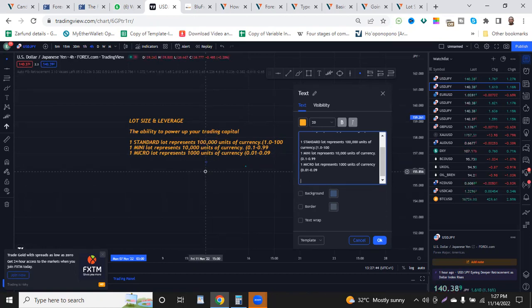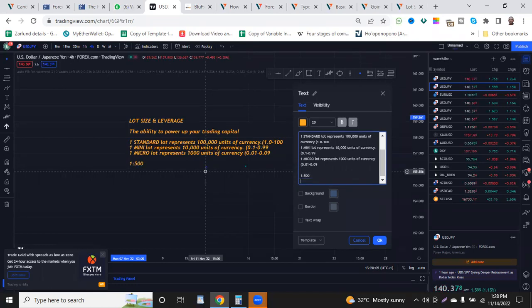But because of the leverage Vantage Markets gives you, you don't need that amount of money to trade. So what you just need to do is take advantage of the leverage. On Vantage Markets right now, you can get leverage of up to 1 to 500.